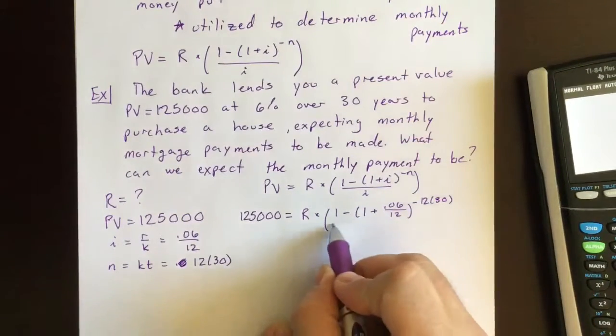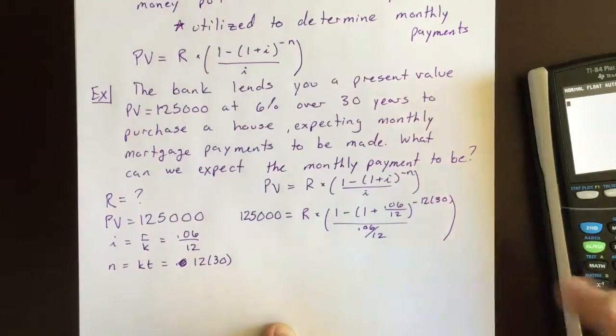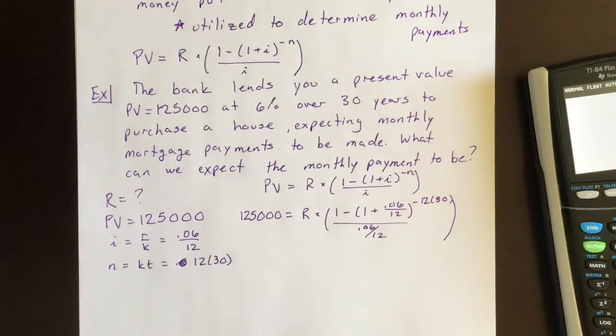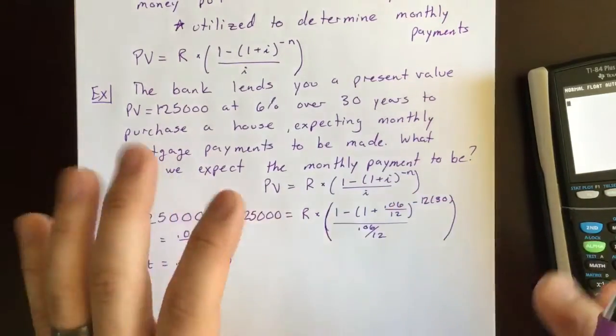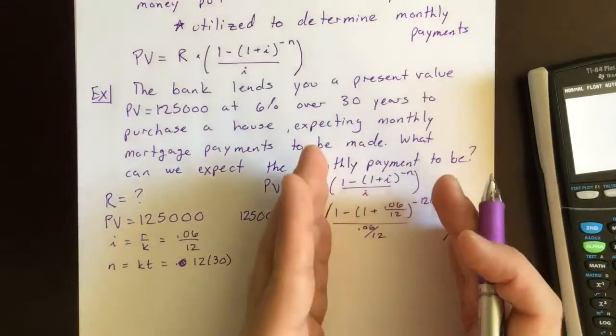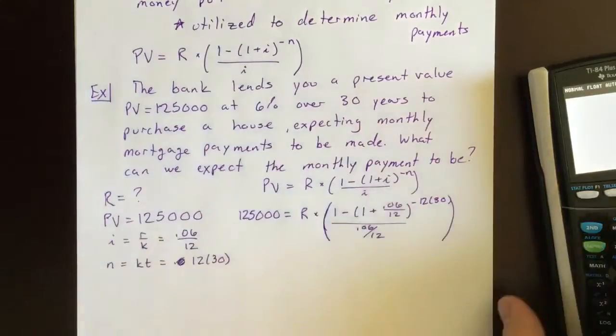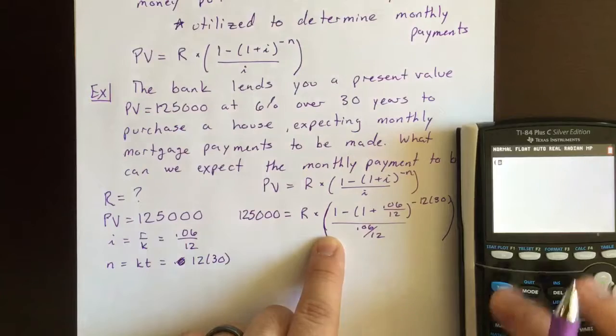Okay. So how I'm going to solve this problem is I'm going to simplify this huge chunk, and then I would have one number multiplied by R. I would divide it to the other side. So let's find this large value.